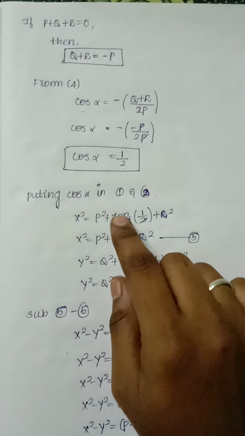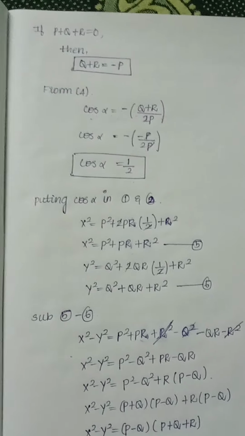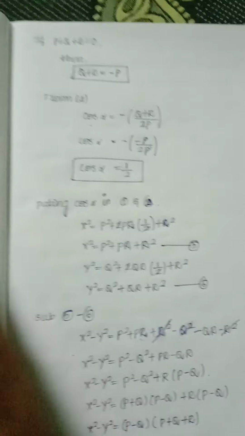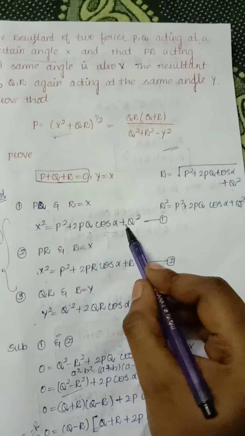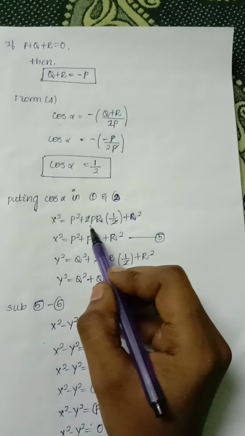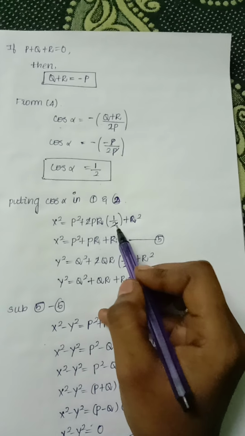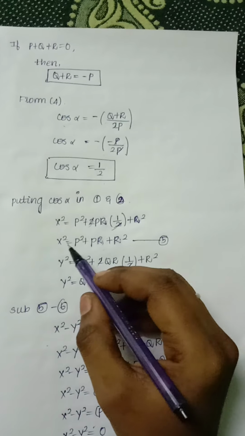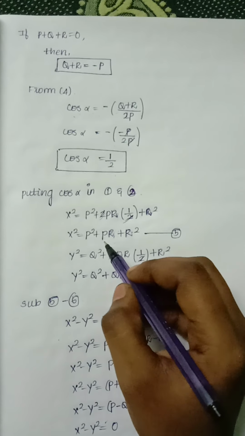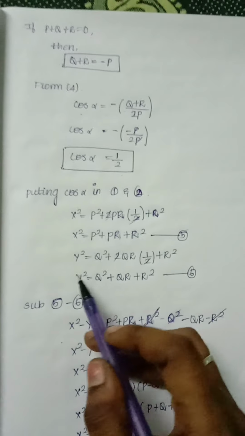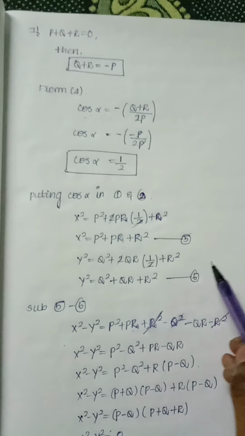If we substitute 1 by 2 instead of cos alpha, we get x square equal to p square plus 2pr into 1 by 2 plus r square. The 2 gets cancelled, and x square equals p square plus pr plus r square, which is the fifth equation.